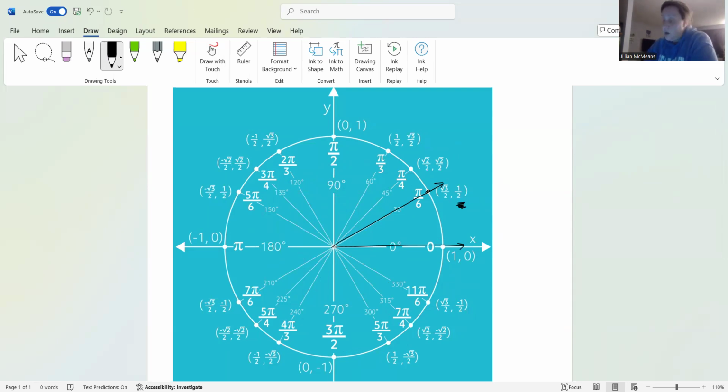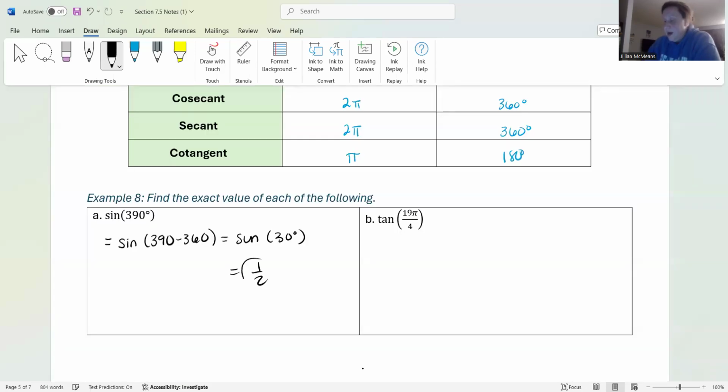This 30-degree angle intersects our unit circle right here, and sine is going to be that y coordinate. So sine of 30 equals 1/2. Now, if from sine of 30 I went around a full revolution again, that would put me at 390 degrees, which would still have a ratio of 1/2.